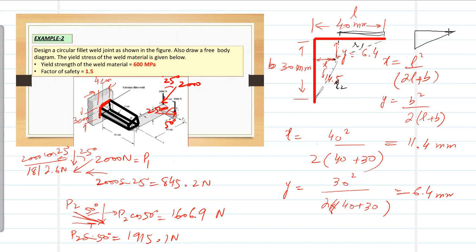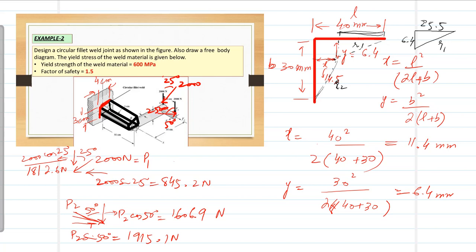This is your R1. Now this dimension is 40 minus 14.5, that is 25.5. Clear? And this dimension is 6.4.